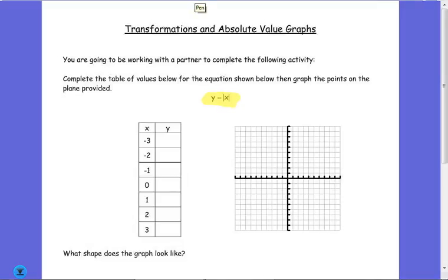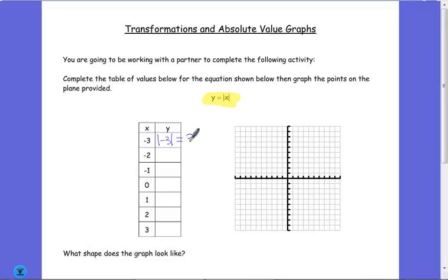Now, if you remember, when we used to fill in old XY tables, we would always take each one of the x values and place it where x is. So this first one would look like the absolute value of -3. Well, if you remember, absolute value is the distance that number is from 0. So how far away is -3 from 0?